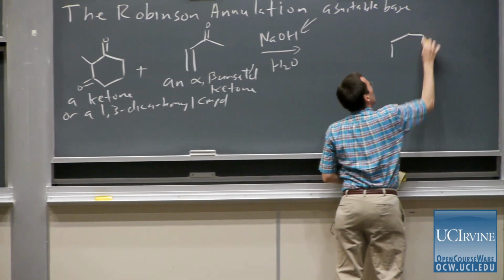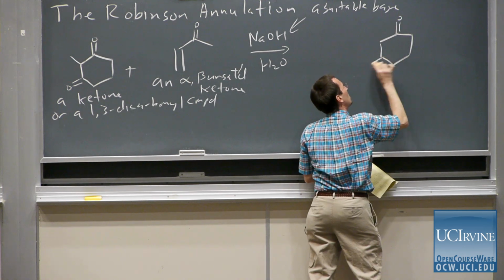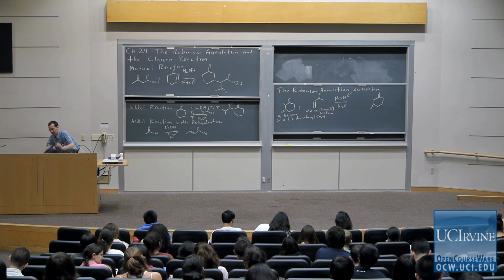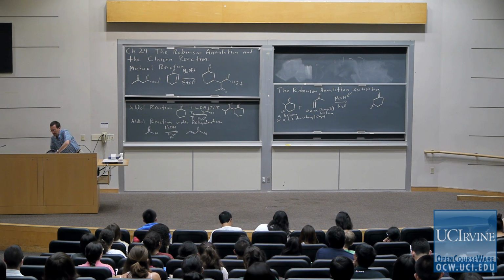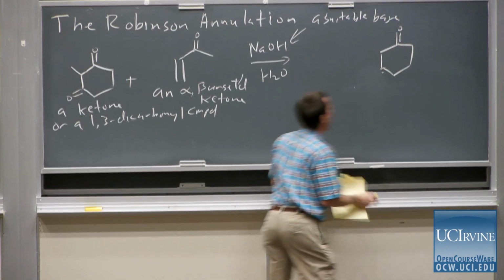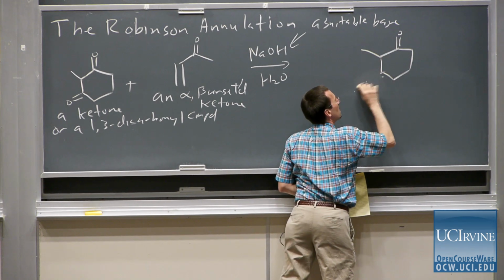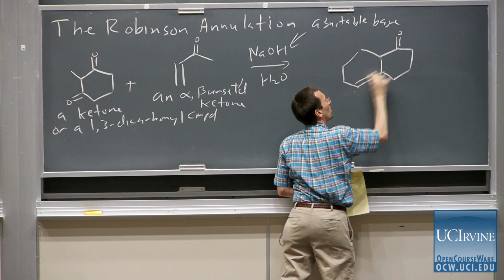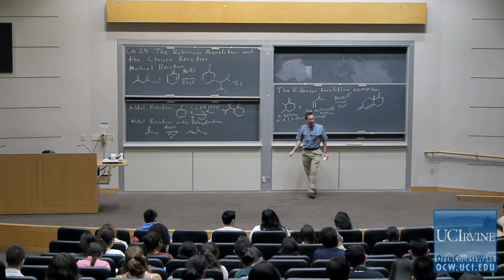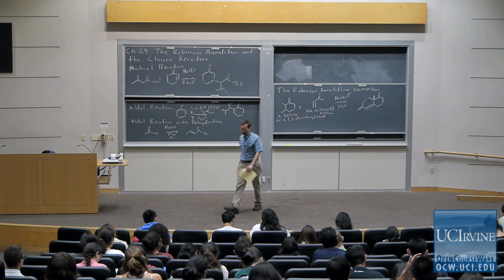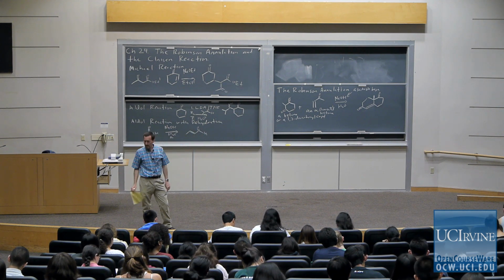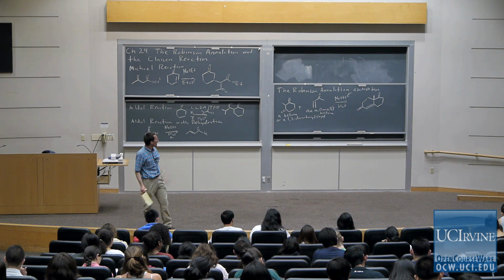And these two components come together in a series of reactions to form a cyclohexenone. And you look at that and you say, my God, how did that occur? Obviously, there's a lot of chemistry going on here. This particular ketone happens to be important.